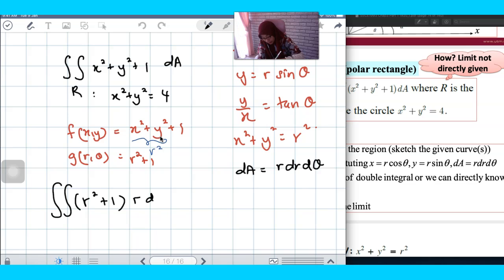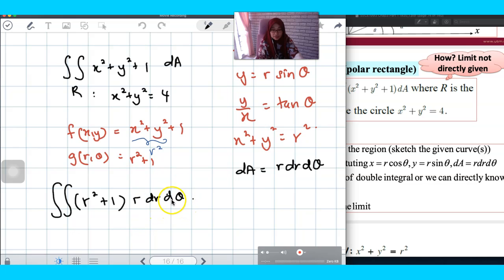So just put r dr d theta. As I mentioned in the previous video, for the order of integration, if you want to use polar, the common order of integration that we use is dr, and after that d theta. Okay, r dr d theta.